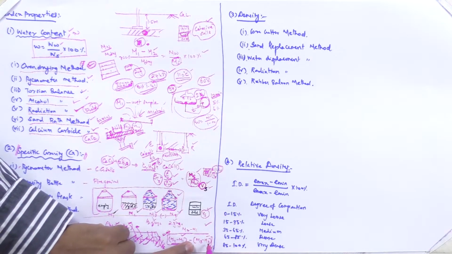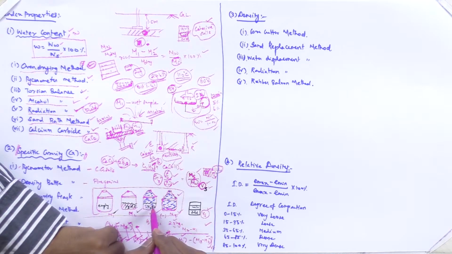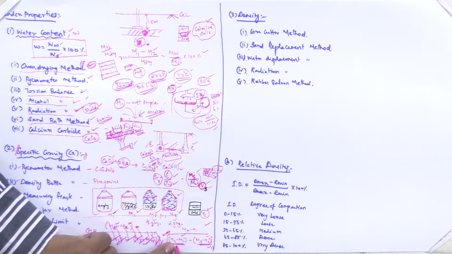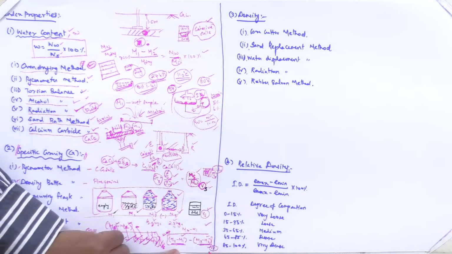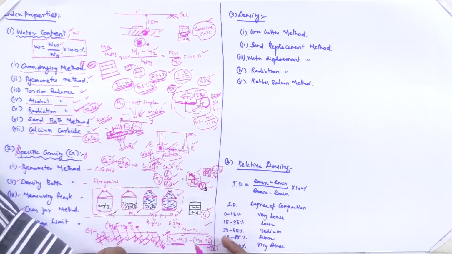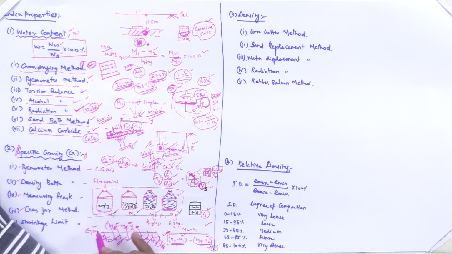And this term, M3 minus M2, is the soil including water; subtracting the soil gives the mass of water occupying the volume except the volume of solids. Subtracting this from the total mass of water gives the mass of water occupying the volume of solids. That is very simple. So M2 minus M1 divided by this gives the specific gravity value G.